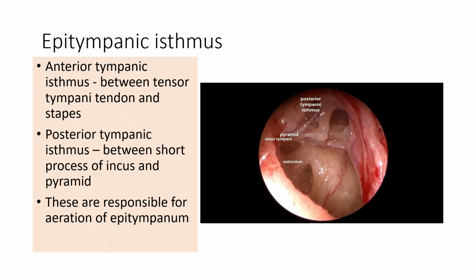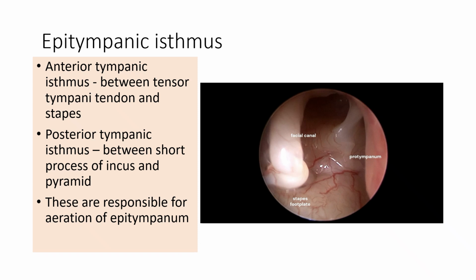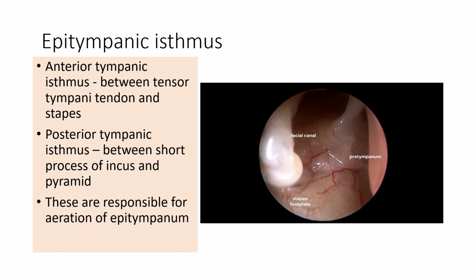So we can see the pyramid, and we can also see the posterior tympanic isthmus. The isthmi are the ventilatory pathway for the epitympanum. The posterior tympanic isthmus lies between the incudostapedial joint and the pyramid. In a more close-up view, we can easily see the anterior tympanic isthmus.